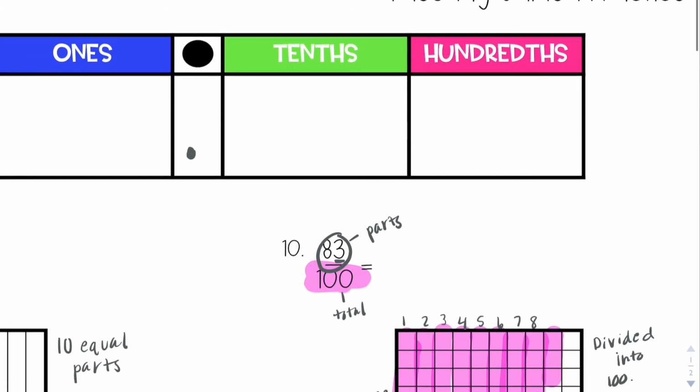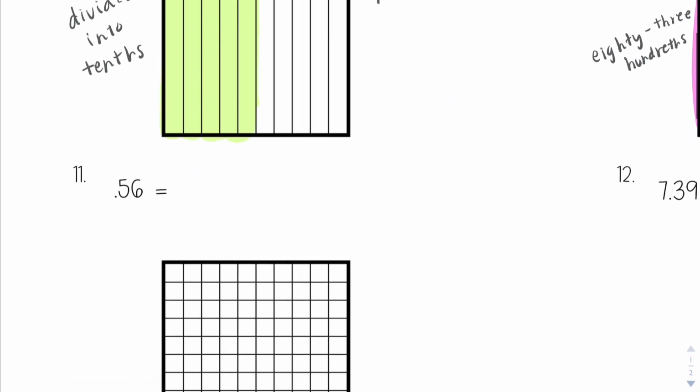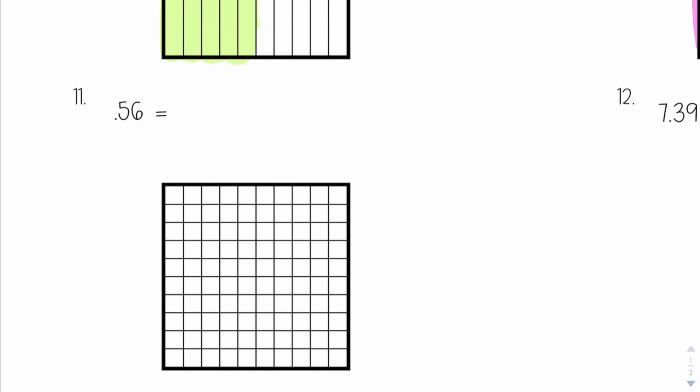So because this is a fraction, I know it's going to be a decimal. So I put my decimal point. And that 83, I'm just going to write it like a regular number. The only difference is instead of it being a whole number, the place has changed. So I have an 8 in the tenths place and a 3 in the hundredths place. So it's 83 hundredths. It's just like the whole number 83, but I'm changing its place.